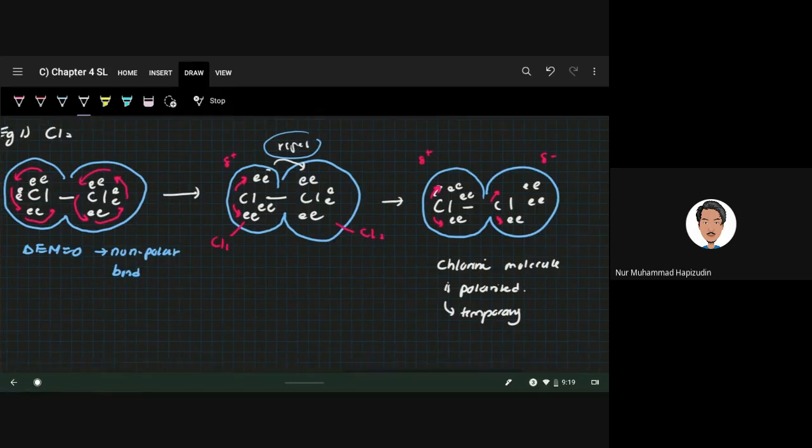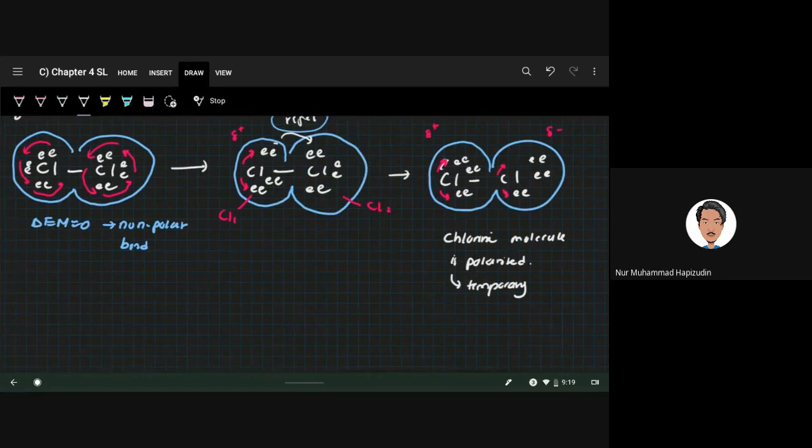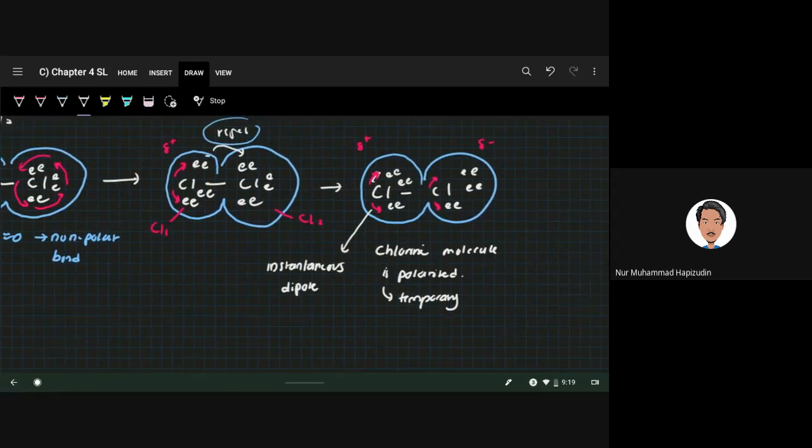Okay. So the atom that starts the polarization, chlorine 1, the chlorine 1 that starts the polarization is called the instantaneous dipole. Okay. The neighbor atom that is polarized by chlorine 1 is called the induced dipole.